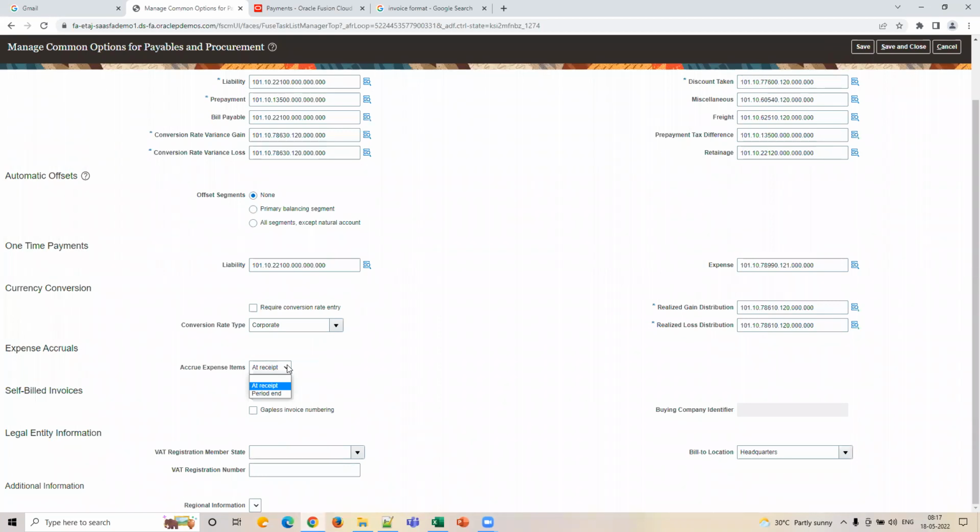Yes. Okay. In R12, as a standard accounting entry for expense items, at the time of a receipt, inventory receiving account is debited and accrual account is credited. Correct? So now, as I understand, you're saying... Tell me again.